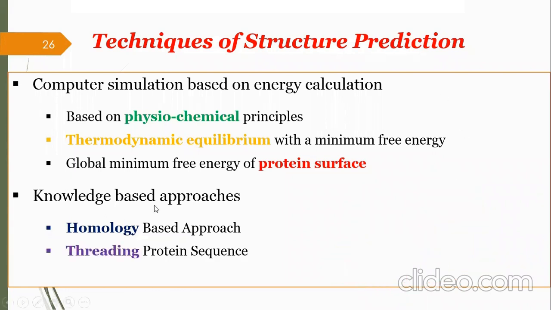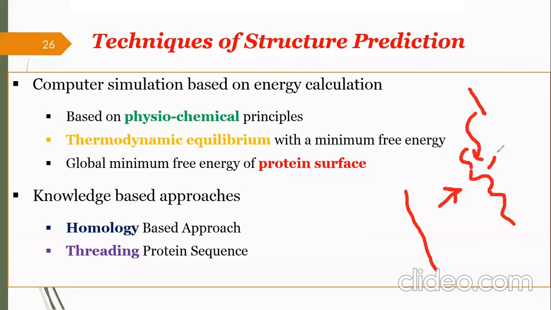The next knowledge-based approach is the threading approach. Threading is actually the fold recognition method. If I have a sequence and I know this sequence has certain folds, and I have another sequence that has the same homology in this region, it will give rise to this fold, and another region will give rise to another fold, and some other region to a third fold.